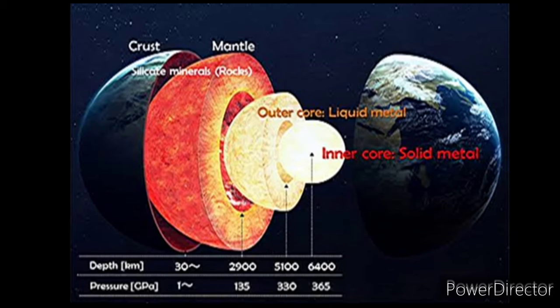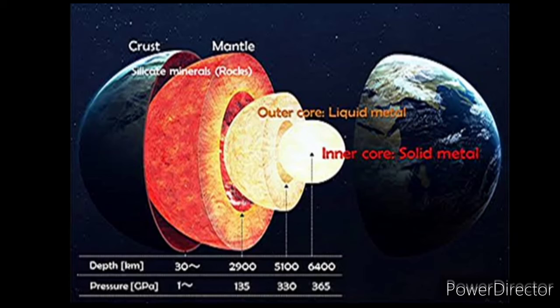Again we can divide the core into upper and lower core. The upper and lower core are divided by a discontinuity known as the Lehmann discontinuity. The core is composed of NiFe, in which Ni stands for nickel and Fe stands for iron or ferrous.